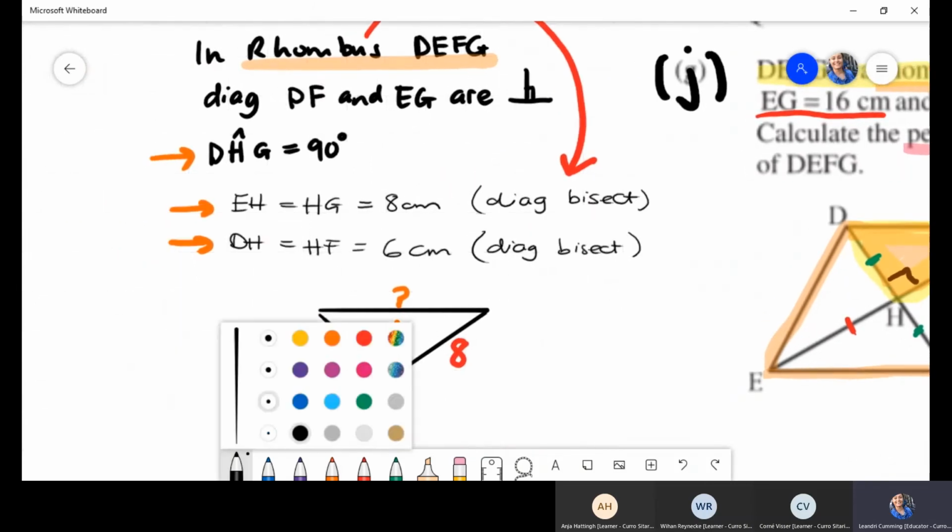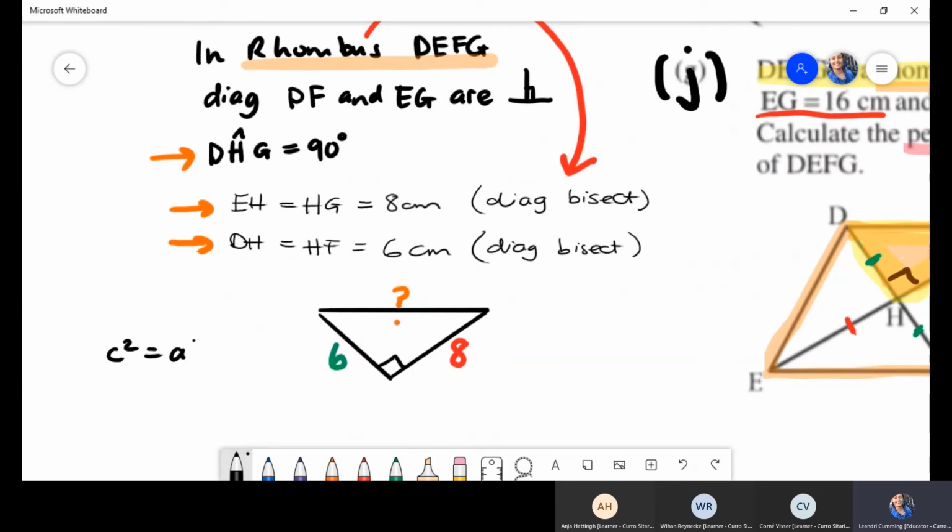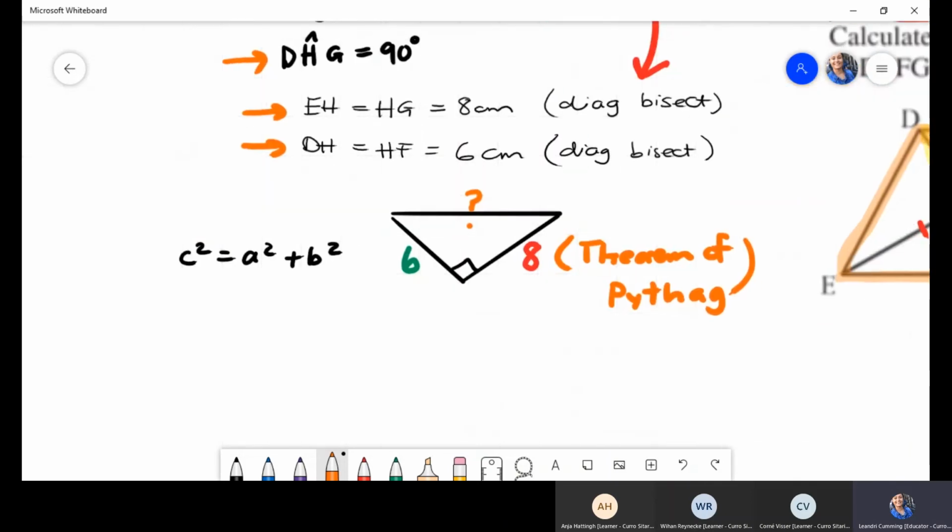So you can go straight to using c squared here. c squared is equal to a squared plus b squared, just because it's nice to start off your formula knowing that you're using the theorem of Pythagoras. Once again, let's give this guy credit. It's an amazing theorem that he established here.